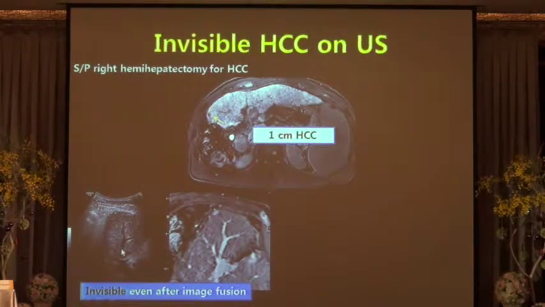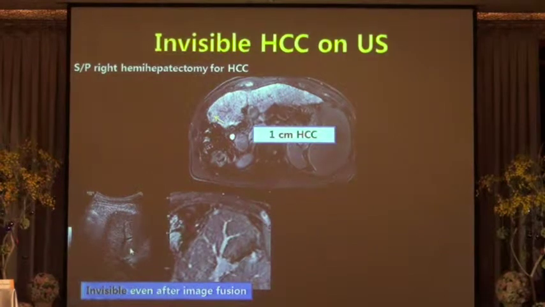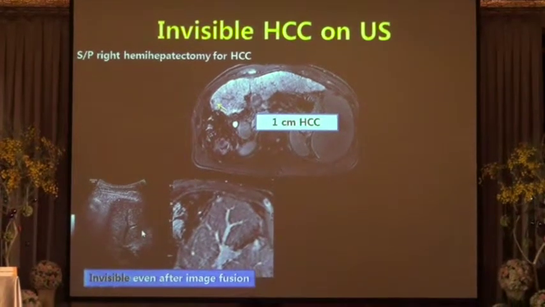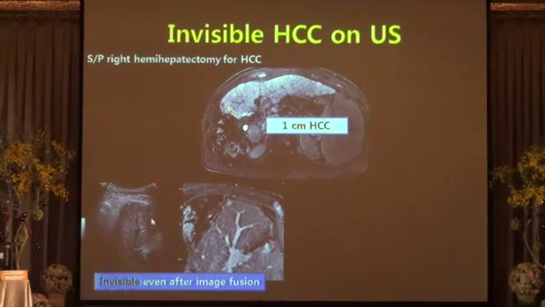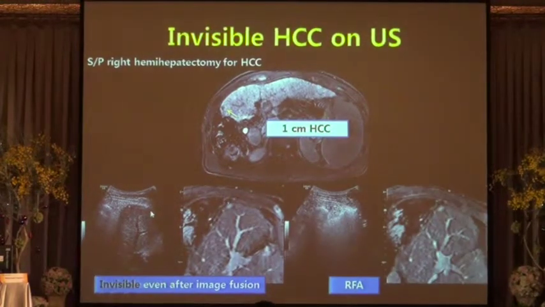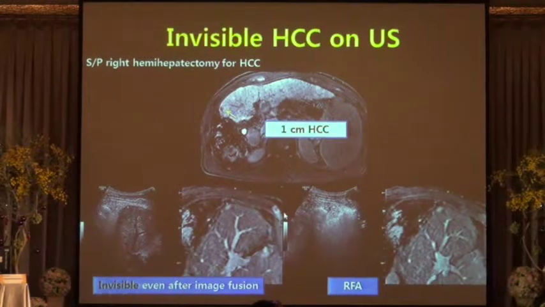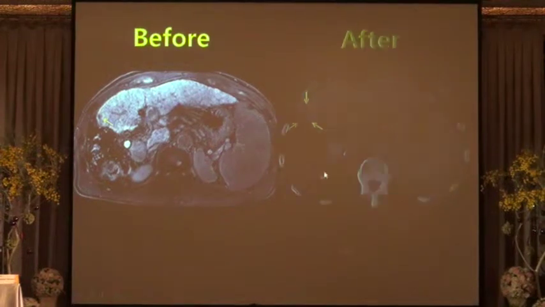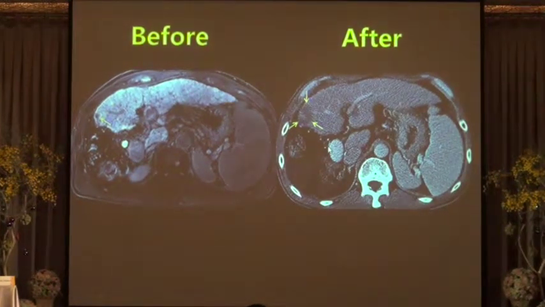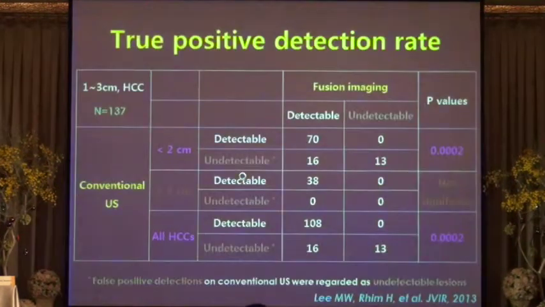Using these vessels as peritumoral anatomic landmarks, an electrode was able to be inserted at the expected location of the tumor, and RFA was performed. And immediate post-RFA CT scan shows that it was a technical success.